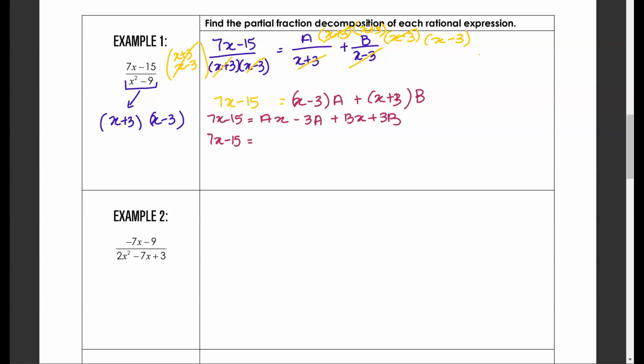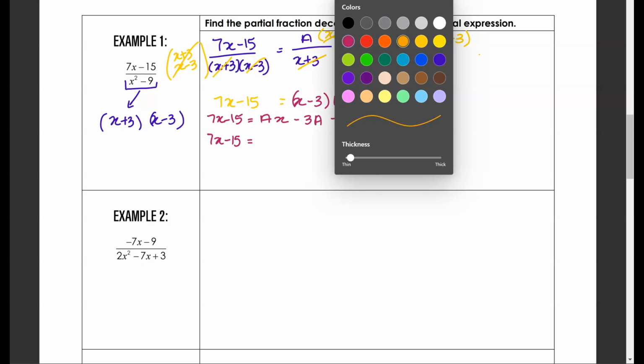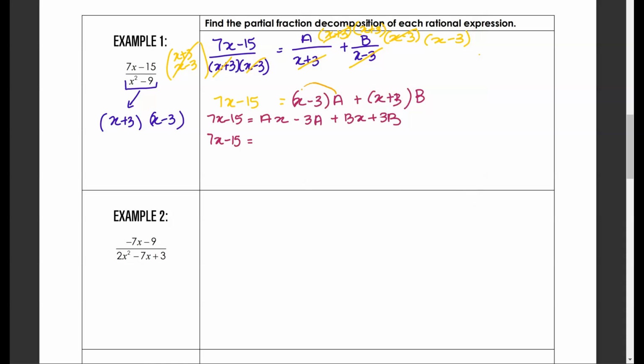This should be an a. Why? Because it's going to be a times this and a times this. So a times x gives me ax, a times negative 3 gives me negative 3a, excuse me. And then I have x plus 3 times b. So then I get bx plus 3b, that looks good.